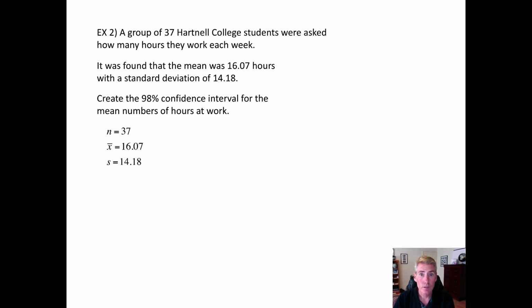First of all, it's a good idea to write down the sample information. Since n is equal to 37, that means degrees of freedom is 36. And we're using 98% confidence level, so if you do 1 minus 0.98, you'll get alpha equals 0.02.